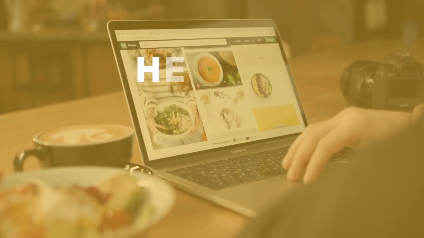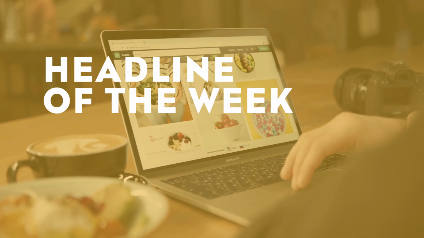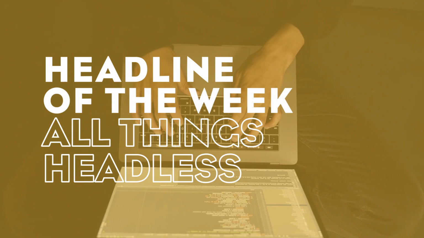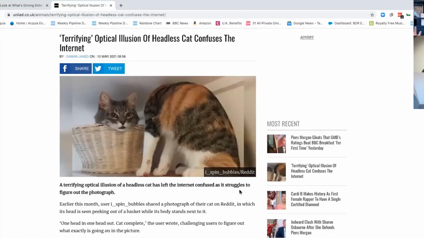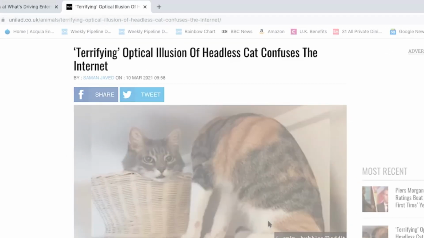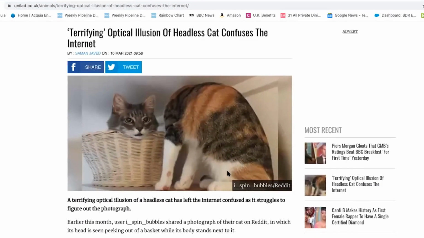So here's our headline of the week. Because everyone loves cats, the internet loves cats. Guys, I thought this was hilarious. I saw this the other day and thought, how have they done that? The headline is, "A terrifying optical illusion of headless cat confuses the internet." A very broad statement, isn't it?